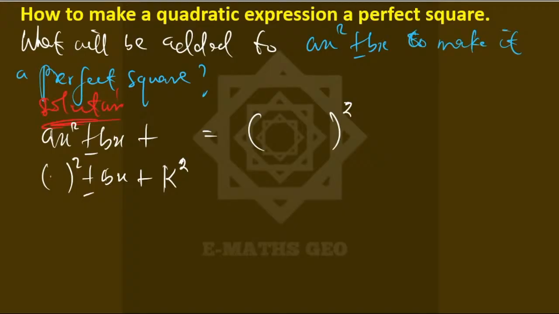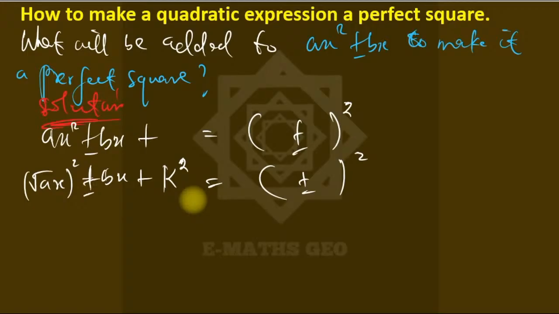So it's root a x all squared, which is still correct because root a all squared is a, and x squared is x squared. We still don't know the something all squared, but we know it must be plus or minus. But from our definition, we are settled with the first and last.